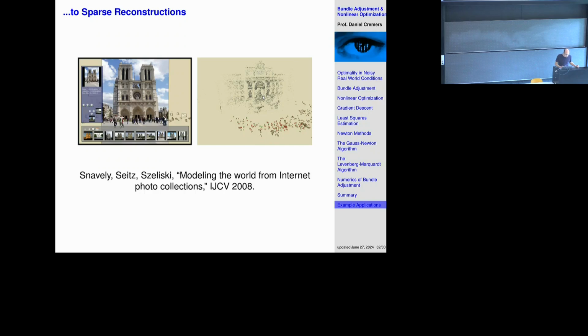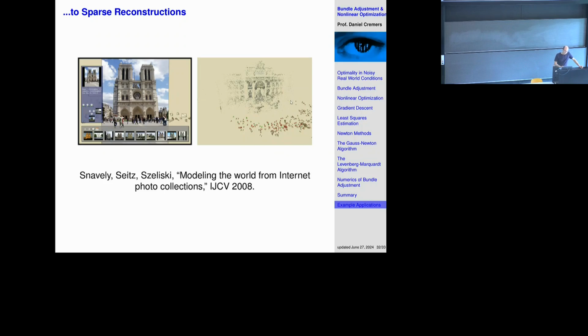I don't think it's Notre Dame, sorry, but some reconstruction of the Trevi Fountain is something that was popularly reconstructed in Rome, not in Paris though. Yeah, I think that's more the Trevi Fountain. Well, it doesn't matter. So you can somehow take all these images and get a reconstruction, and you see all the camera positions were being estimated as well. So this is one way of deploying bundle adjustment in order to get large-scale reconstructions based purely on internet imagery.